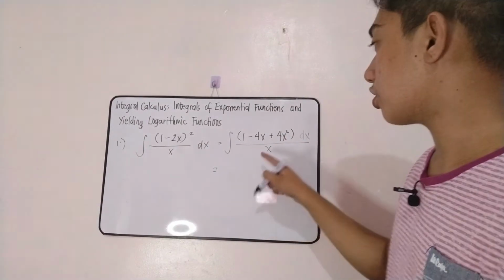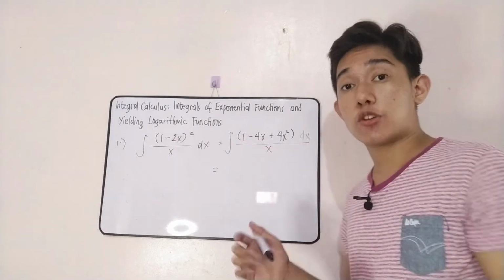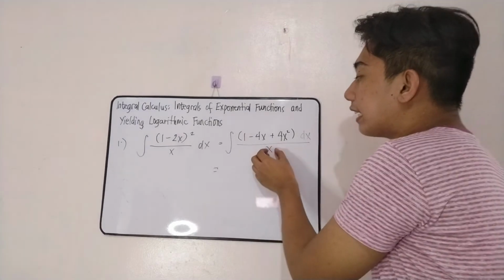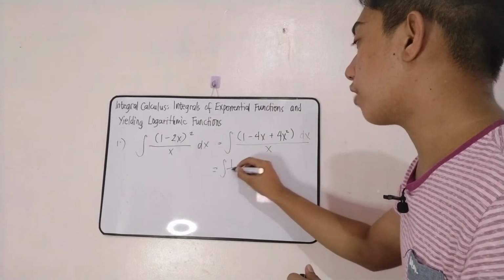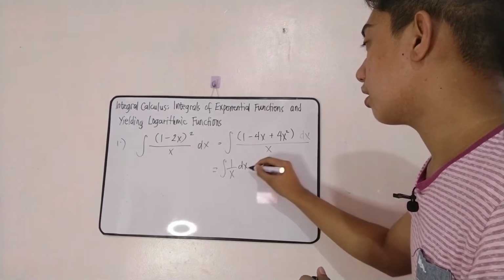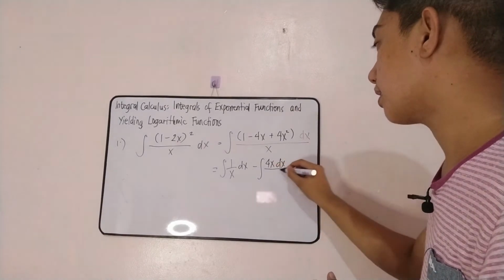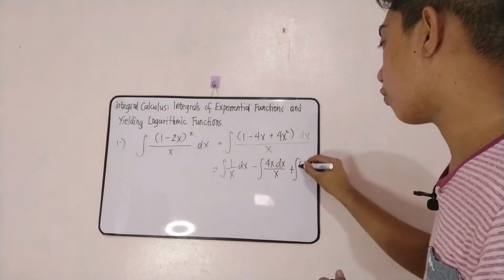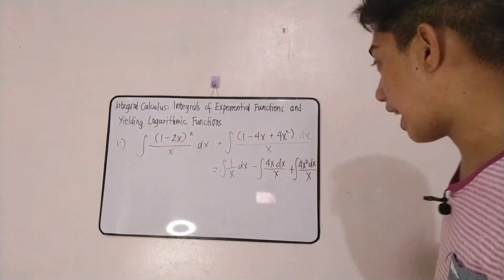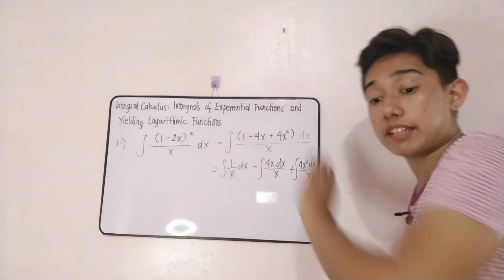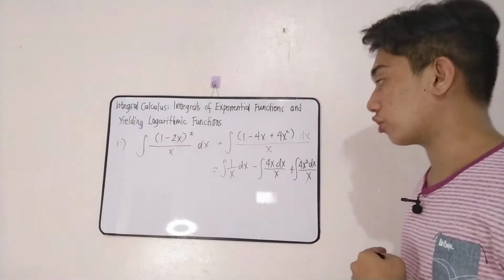Next, we apply the rules of algebra for fractions. We can do this as the integration of 1 over x dx minus the integration of 4x dx over x plus the integration of 4x squared dx over x. Possible, right? We divided it into 3 separate functions.